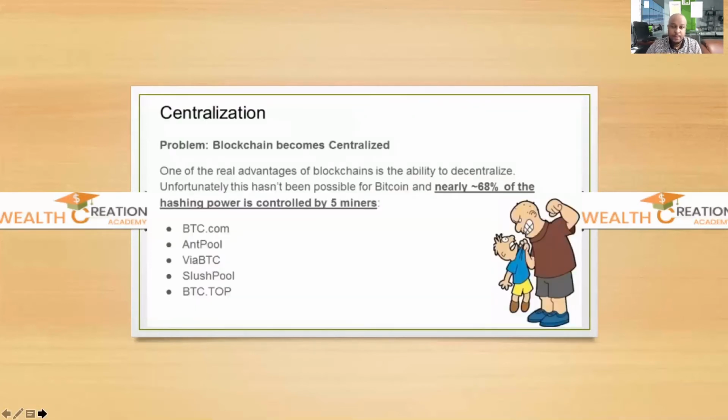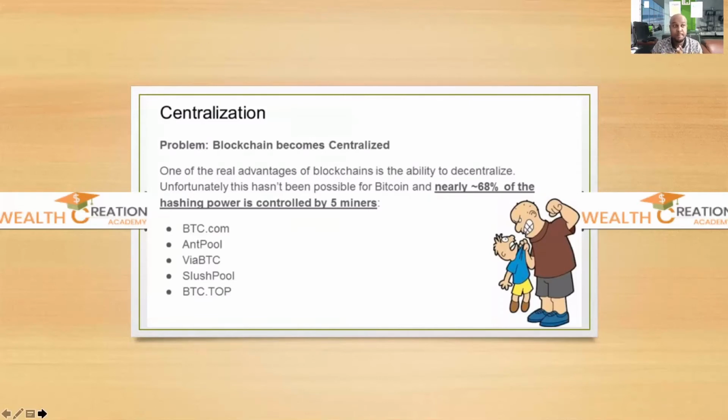Now, many people say the Bitcoin blockchain, for example, is decentralized. However, the mining process is actually centralized. We just saw the power of the miners, who have the power to vote. Nearly 68% of the hashing power is controlled by only 5 miners.